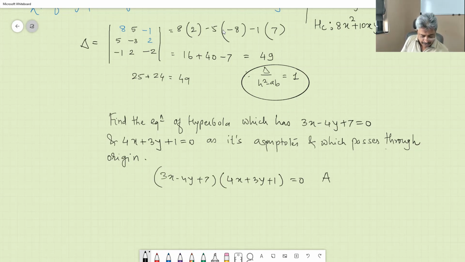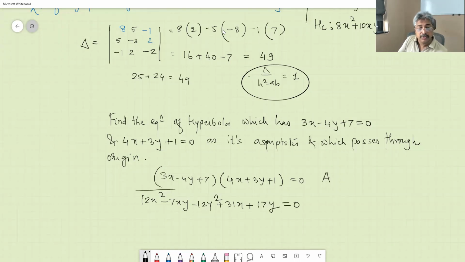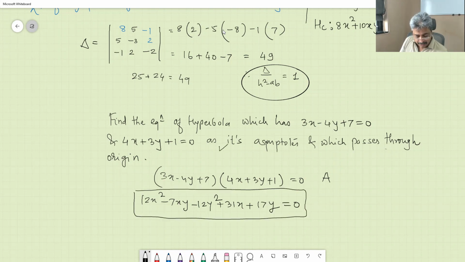So you get the final equation as 12x square minus 7xy minus 12y square plus 31x plus 17y is equal to 0 is the equation of hyperbola whose asymptotes are these and it passes through the origin.